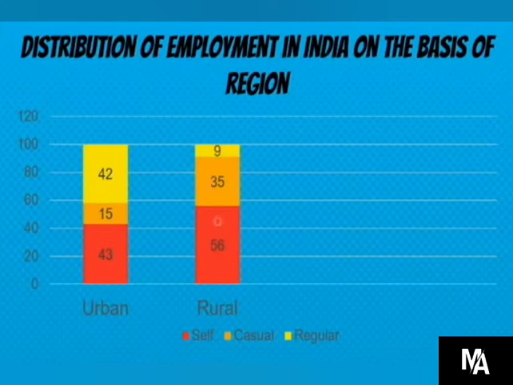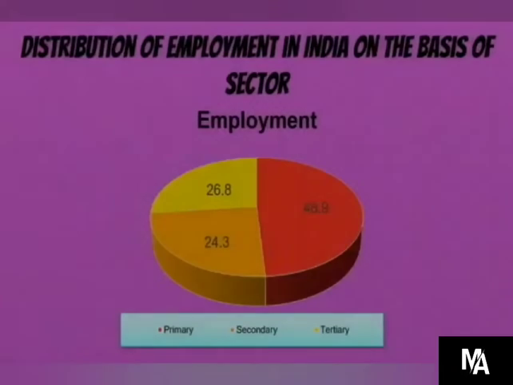This is basically because the self-employed people are those who own land and do agriculture, and the 35% casual or temporary laborers are basically agricultural laborers, also called marginal laborers or landless laborers. So this is the situation of employment on the basis of urban and rural region.